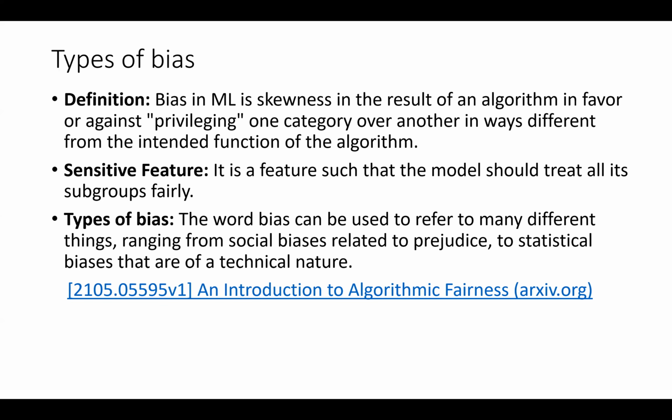According to the law, maybe the federal law, the state laws, the law of the company you are working at, they will provide you some features, and these features will be called sensitive features. They'll tell you, okay, try to make our model fair about these features, which means try to make your algorithm make predictions, but not based on these features, based on male, female, black or white, and so on.